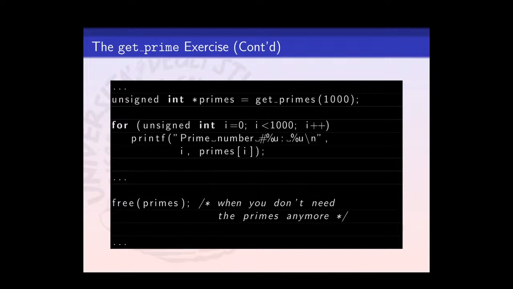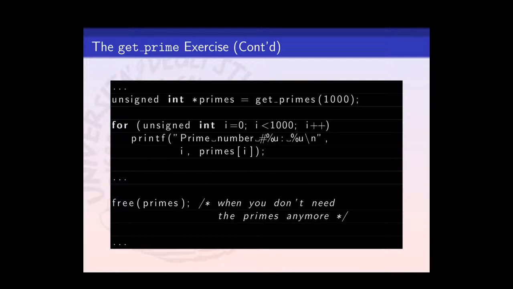Now, how can we handle the numbers? So how can we read the numbers? How can we see what's inside the result? Well, we can use the standard array notation, as you can see at the fourth line. Okay, so in the first line we are declaring a pointer to a memory location meant to store unsigned integers.